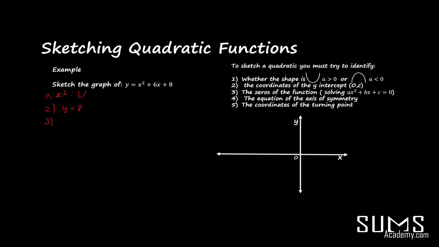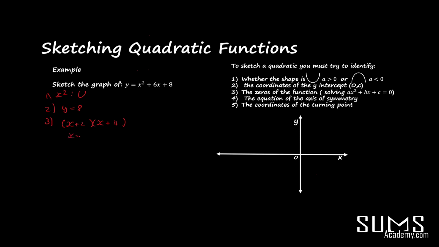Number three, find the zeros, so your 2 x terms become x and x. What's going to multiply up together to make 8 and add to 6? 2 and 4 make 8. So it'd be plus 2, plus 4.